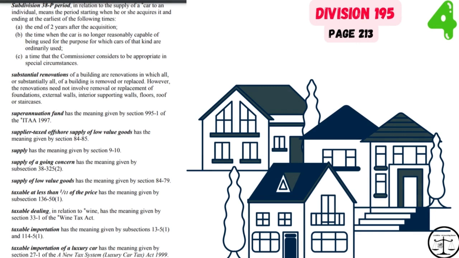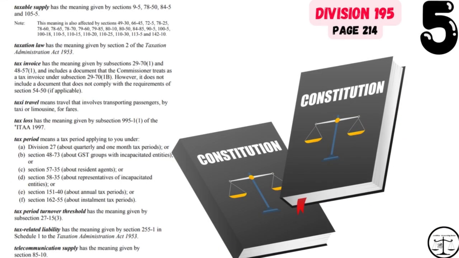Supply of low-value goods. 32. Taxable at less than 1/11 of the price. 33. Taxable dealing. 34. Taxable importation. 35. Taxable importation of a luxury car.